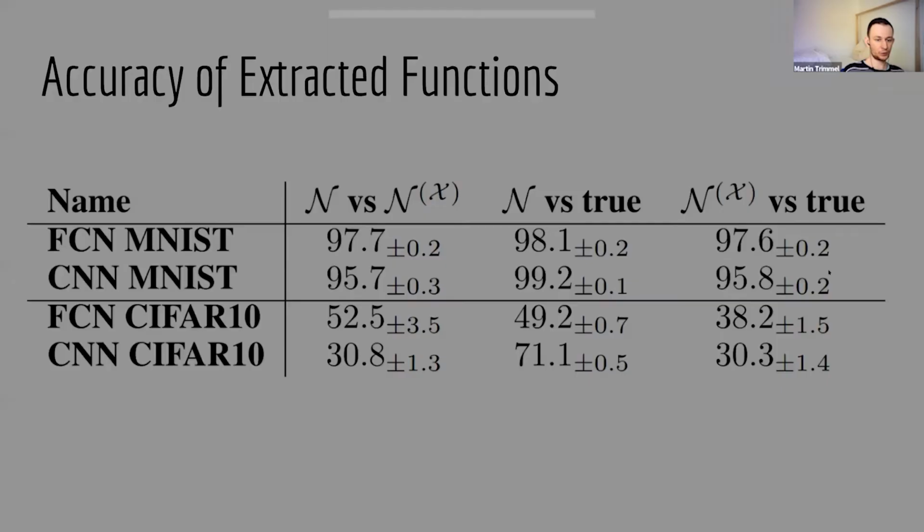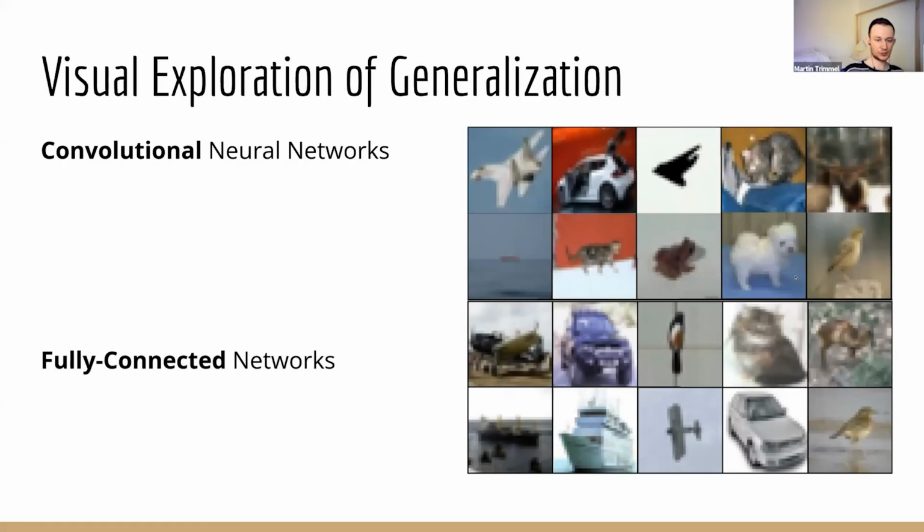Another one of our experiments that I'm showing here is that we visually inspect samples that are correctly classified by the original network, but misclassified by the extracted tropical function.